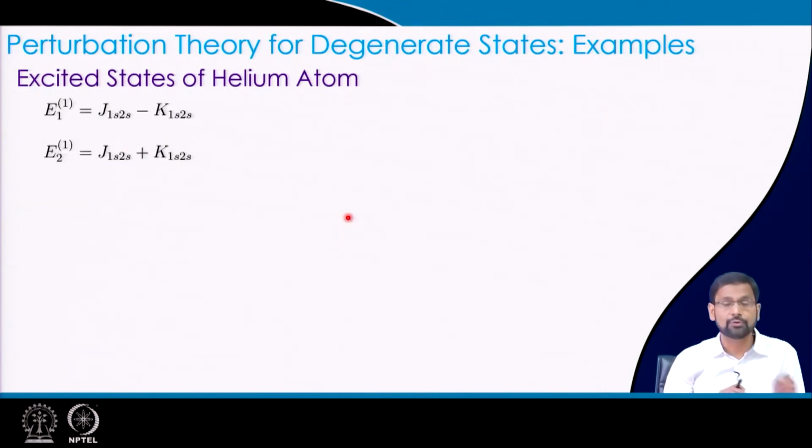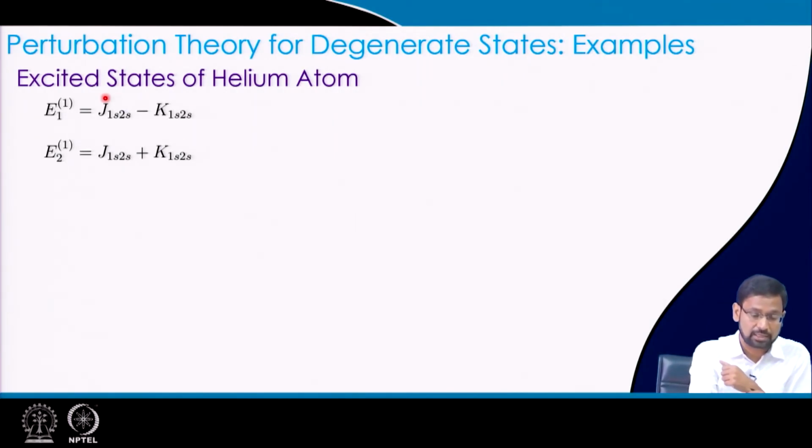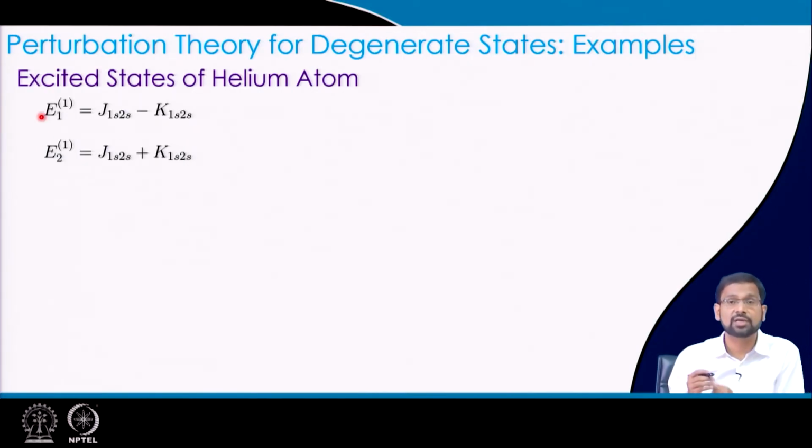Now, what we will do, we will discuss a bit about the energies that we obtained for the excited states of helium atom. So, if you remember, we had these 2 energies as the first order energy correction to E1 and E2. E1 had the Coulomb integral minus exchange integral, E2 had Coulomb integral plus exchange integral.